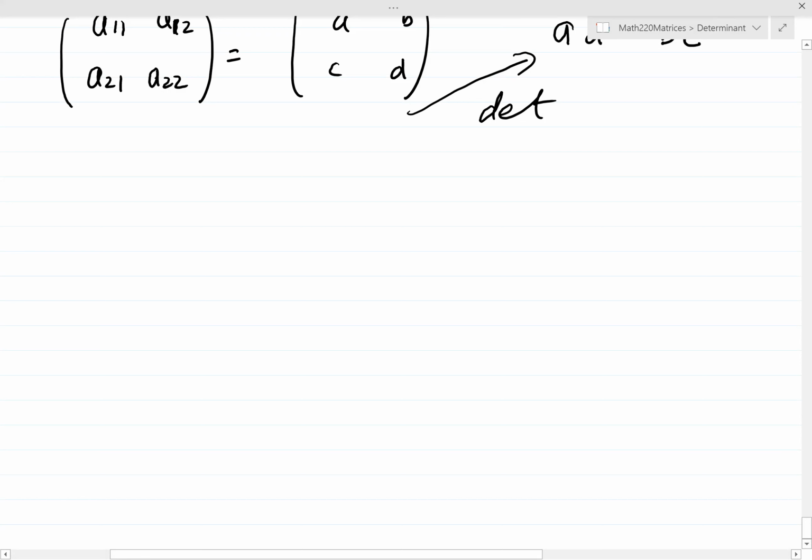So the number of permutations is huge. The formula is really huge and computationally expensive to evaluate that way. So in general, we don't compute the determinant using the definition as a sum over the permutations. It's too big to do it that way.